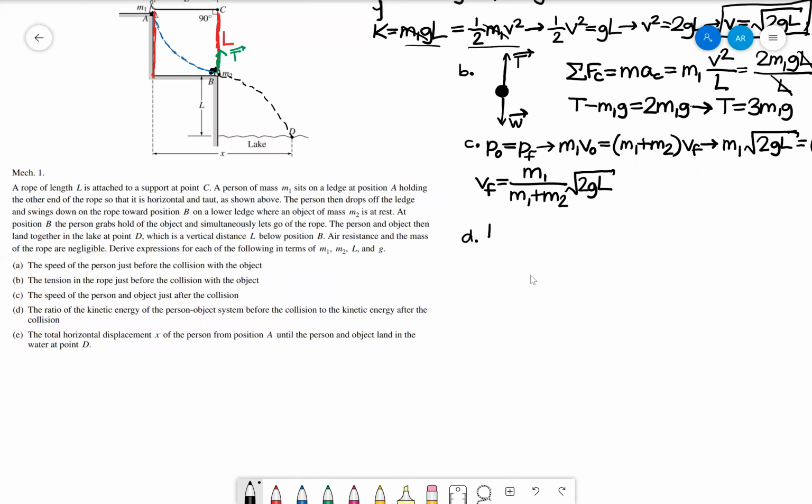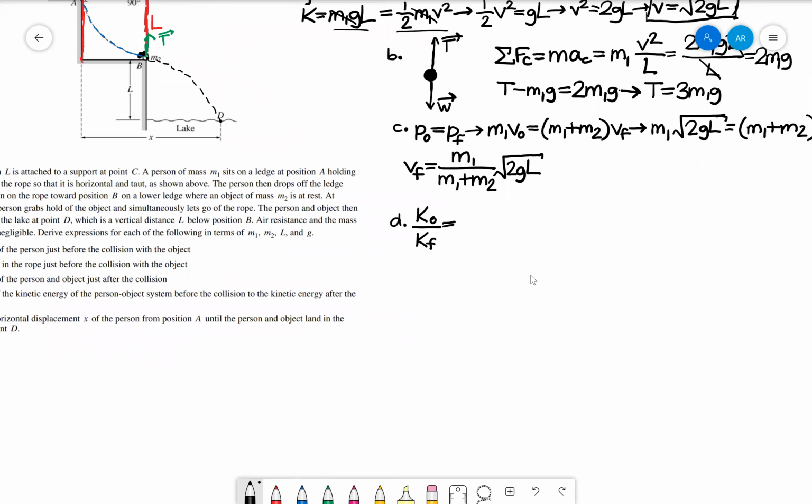The initial kinetic energy right before the collision: the only object that is moving is the person of mass m1. Before the collision, our second object of mass m2 was at rest at position B, so it has no kinetic energy and does not contribute to the initial kinetic energy.